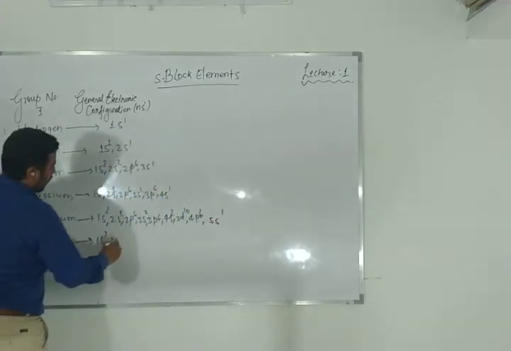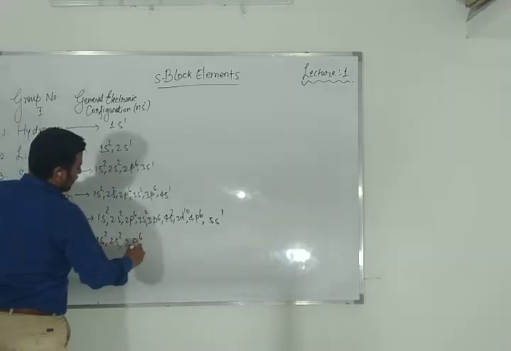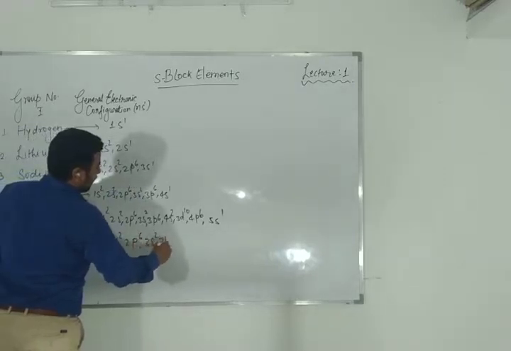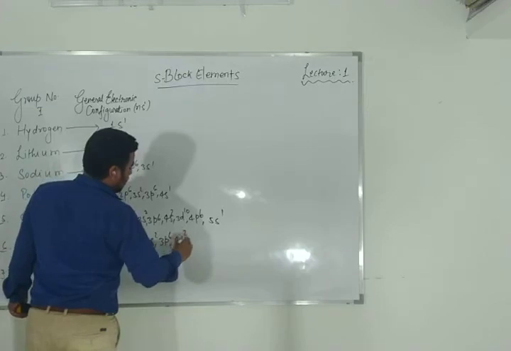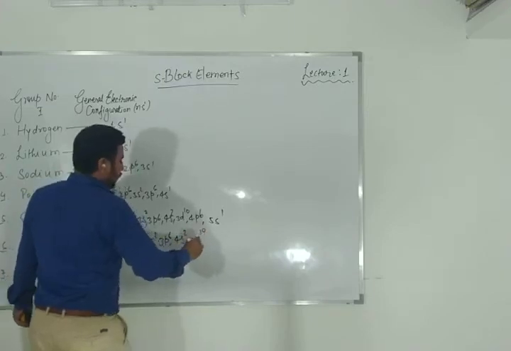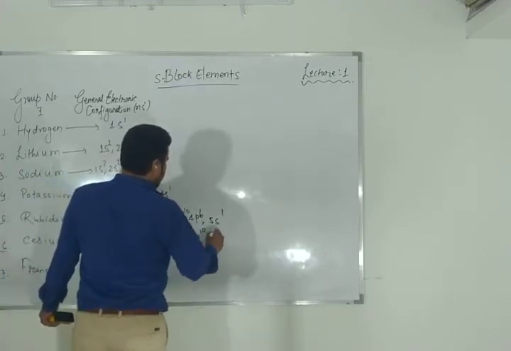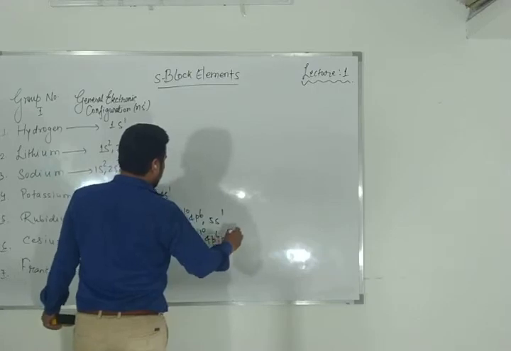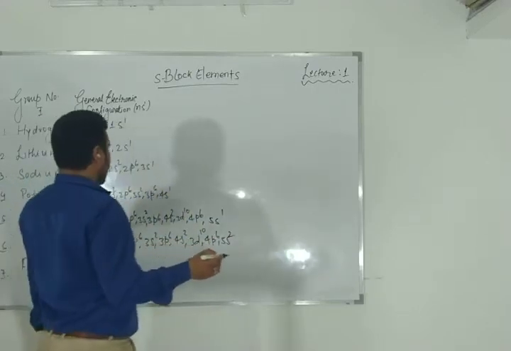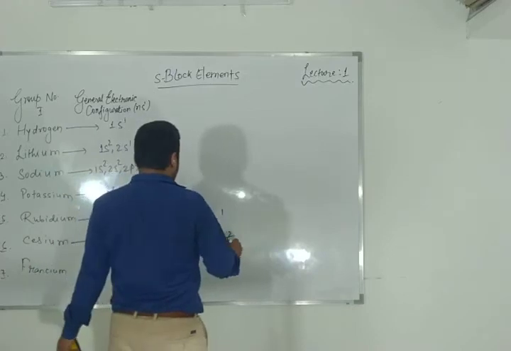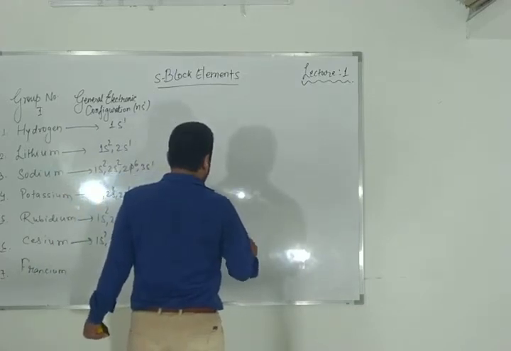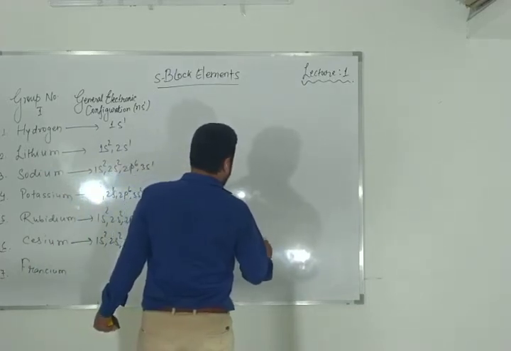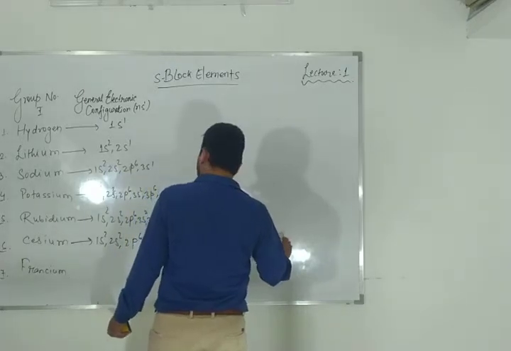Now what about cesium? 1s2, 2s2, 2p6, 3s2, 3p6, 4s2, 3d10, 4p6, 5s2. Right? After 5s2, you know what we are going to have? 4d10, 5p6 and 6s1.